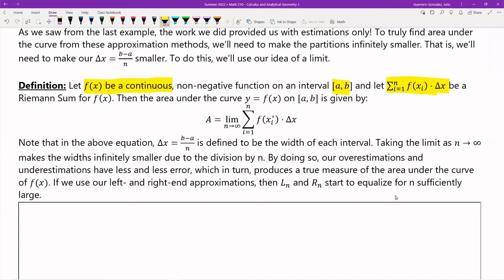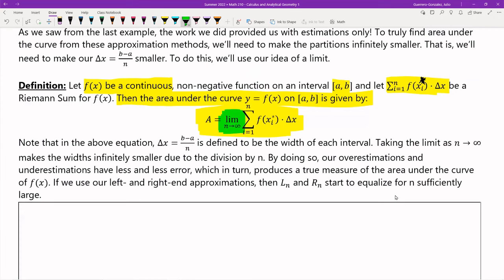Then the area under the curve is given by this equation right here. Notice that this definition is no different than the one above for the Riemann sum, and I'm missing a star on this one right here. The only difference here is this thing right here: there's a limit as n approaches infinity.